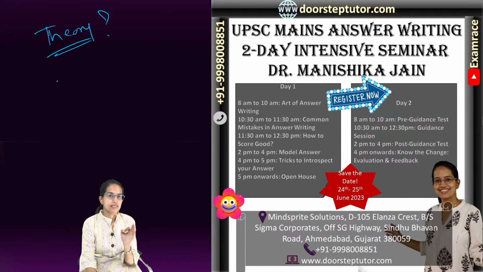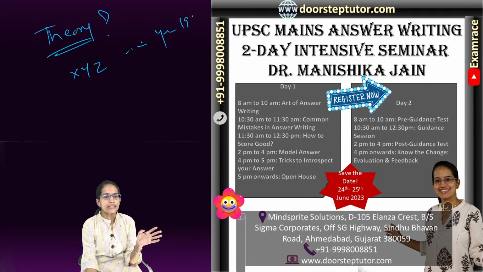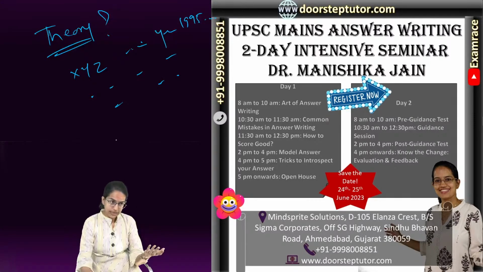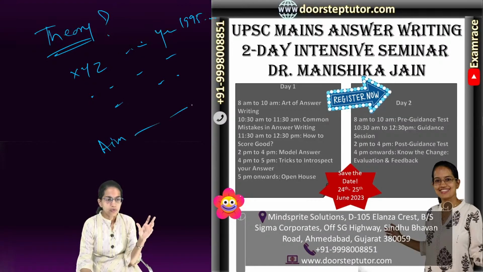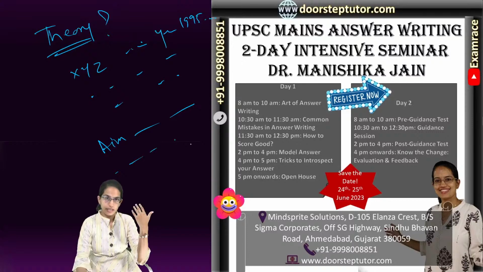There could be a person who would start with that this theory was given by XYZ in the year 1995 or so on, and this is what the theory is. There could be another person who could start with the aim of the theory, and this theory had been given by so many scientists. This was the main propounder in the year this.